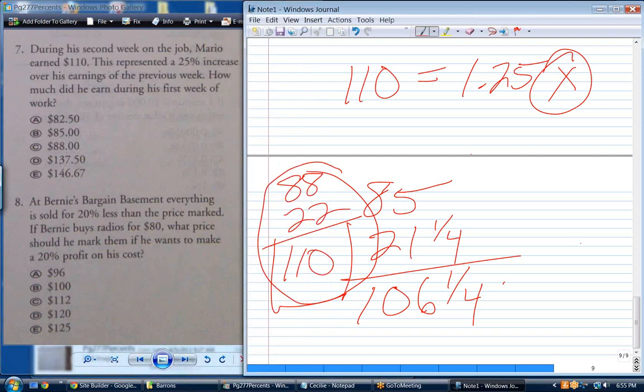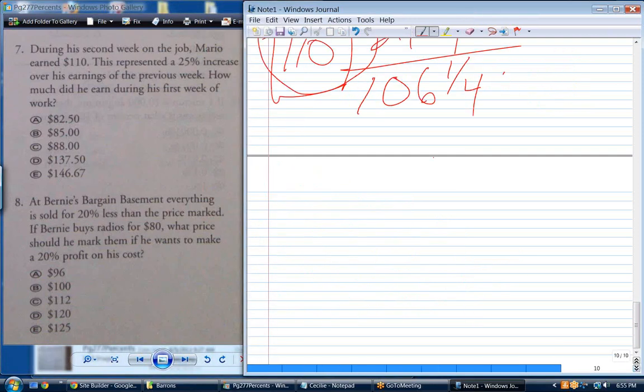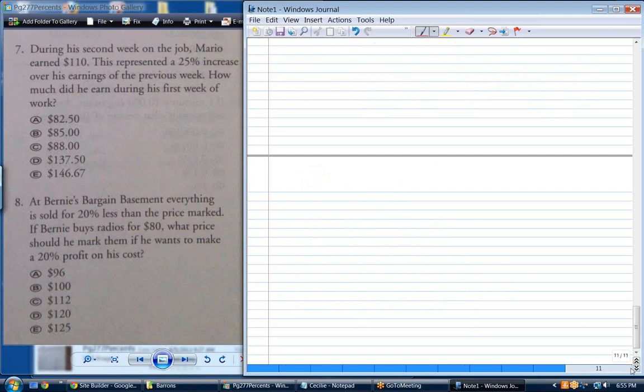Okay, number 8. At Bernie's bargain basement, everything is sold for 20% less than the price marked.